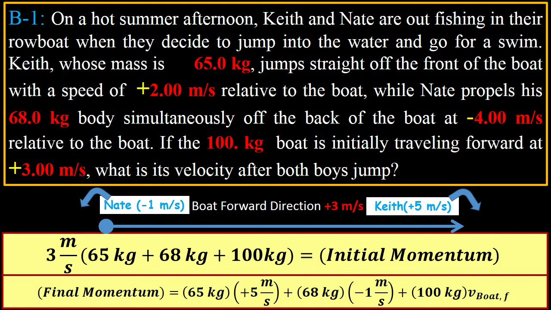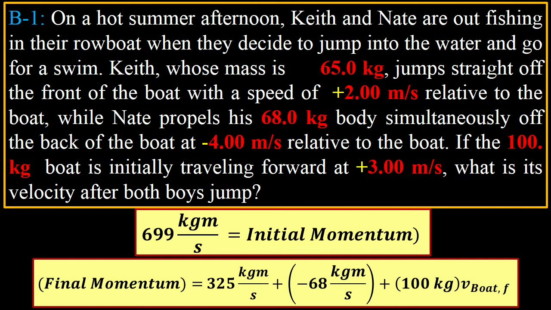So the initial momentum is going to be the plus 3 times the sum of the masses of the boys and the boat, and the final momentum is going to be the individual momenta. Now notice that Keith is plus 5 and Nate is negative 1, and then the boat has an unknown velocity. That's what we're solving for.